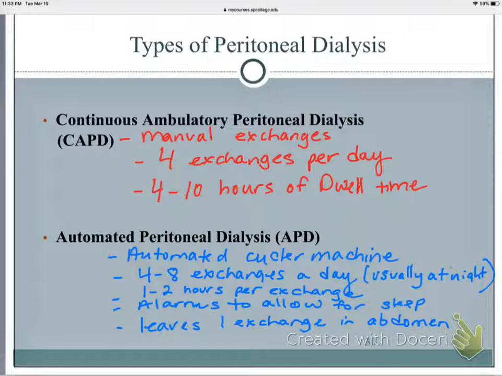But the bag of the fluid and the line can be disconnected after the fluid's instilled, so then you can be separated from it for a little while. After the dwell is completed, the line is reconnected for the drainage of the effluent. And then they hang a new 2-liter bag and start over.